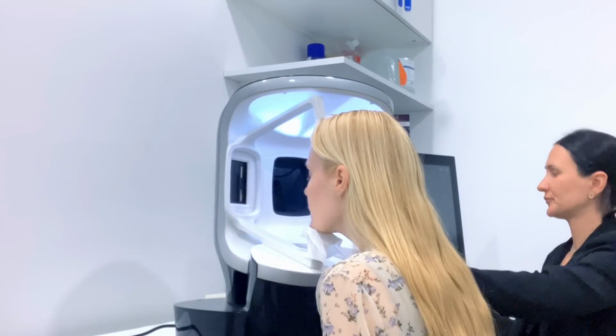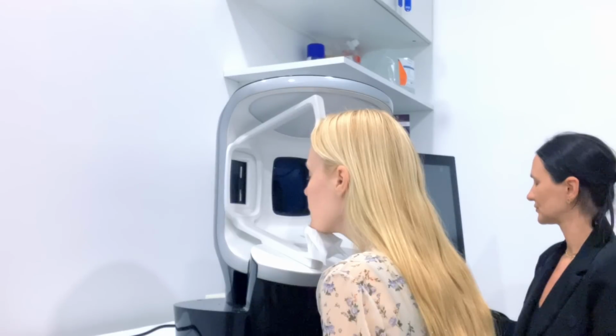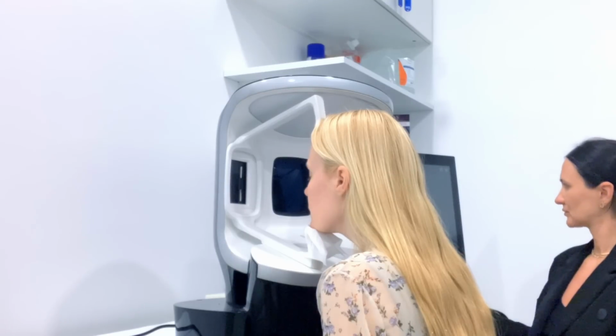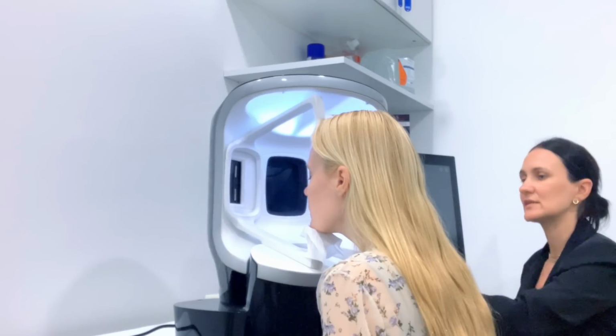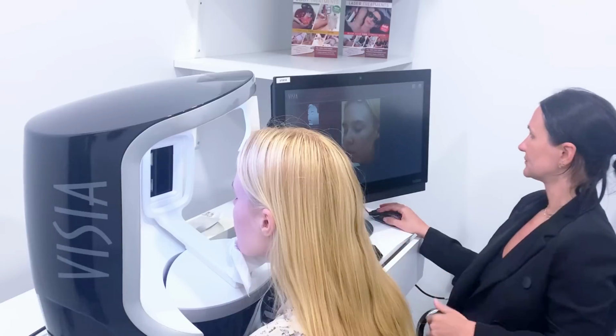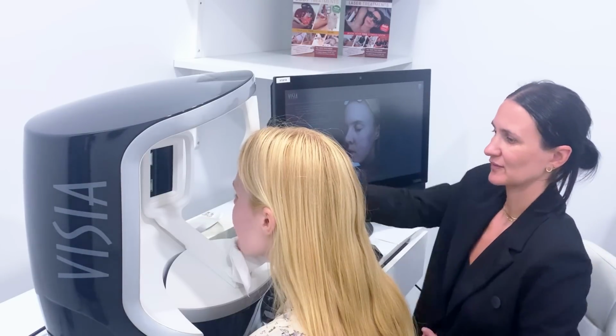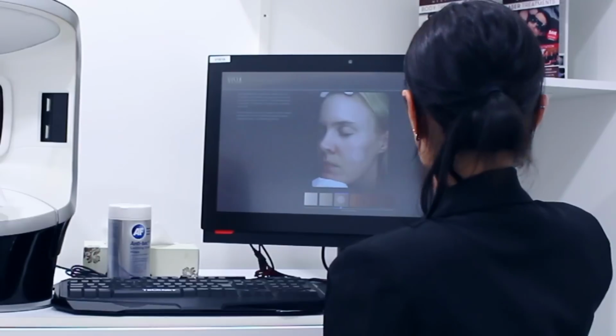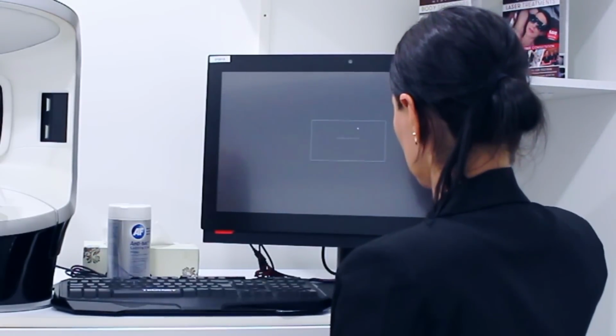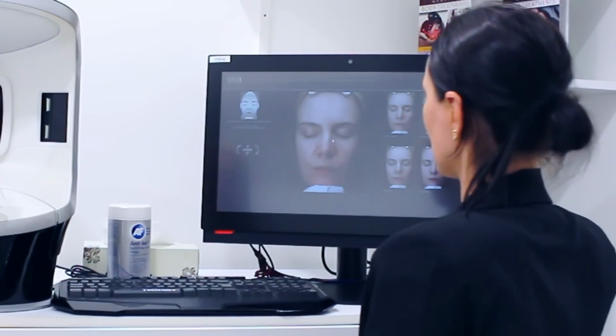Second angle. And your last one. Perfect, all done. Thank you so much. You can remove the face from the booth. Thank you. Okay. We're going to classify the skin type and we're going to do the mapping.